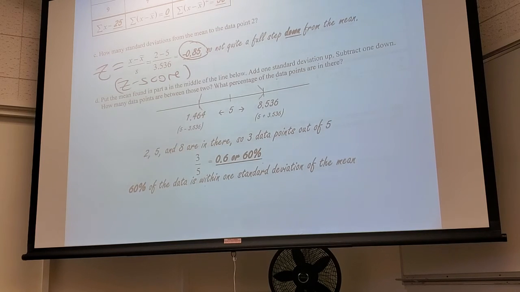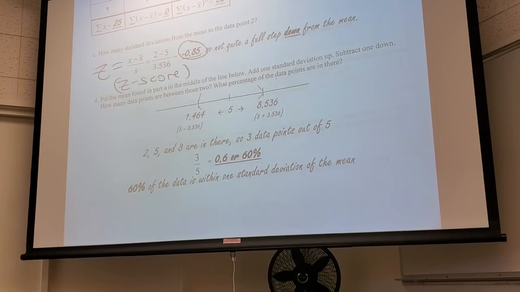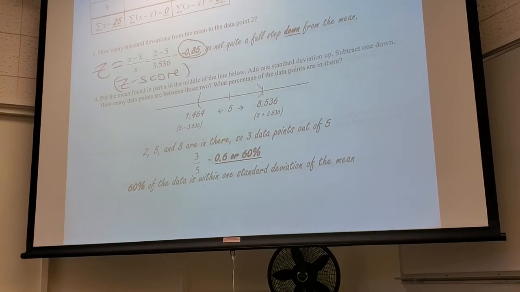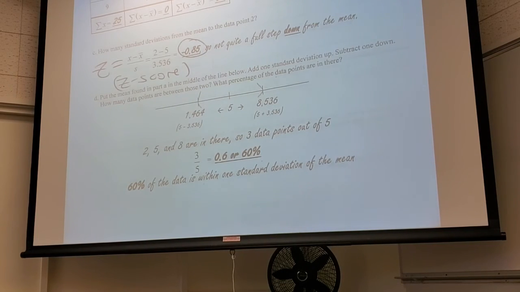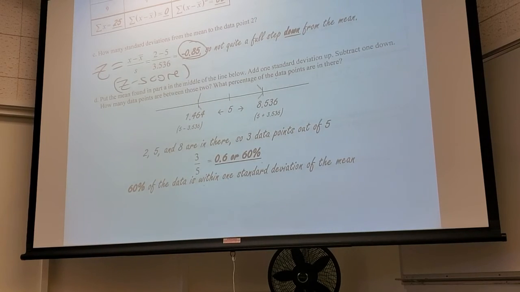Why? Because are you above or below average if your Z-score is 2? Above average. And 2, you're 2 full steps up from the middle. Right? Could the score be a 37? Of course it could, but that still means you did really well compared to other people. You are 2 full steps above the average.